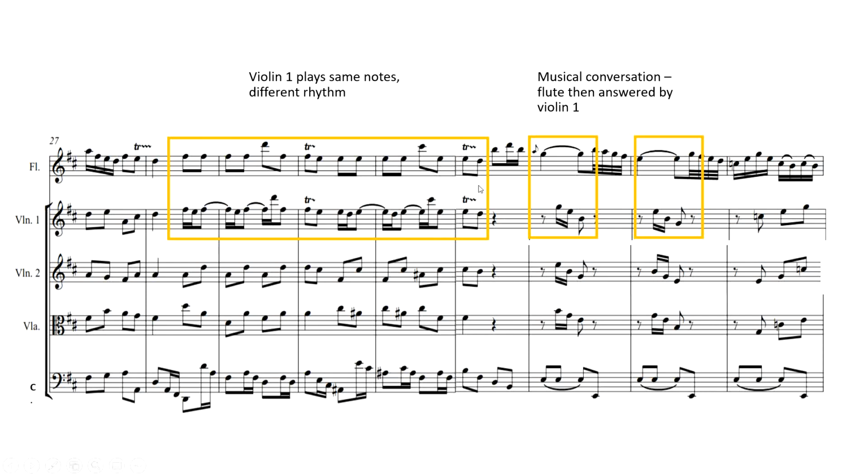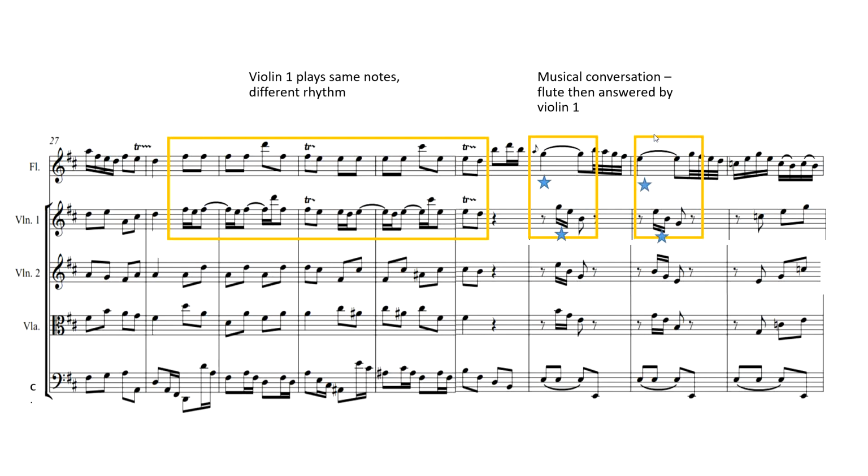Now this would be classed as a little musical conversation. So we've got the flute almost talking in conversation, if we think about it in terms of talking. So the flute is saying something and then being answered or responded to by the violin. So this little conversation is happening here between the flute and the violin 1.